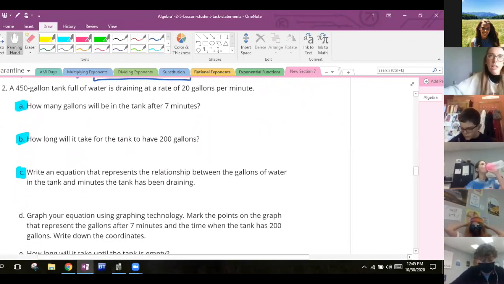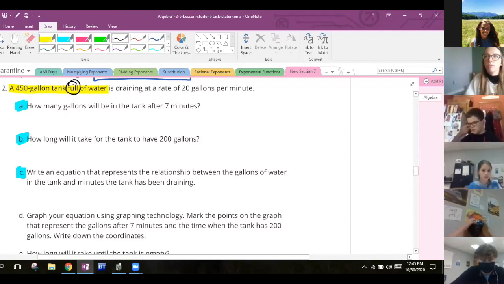So it says we have a 450-gallon tank full of water. So this thing is currently full of water.